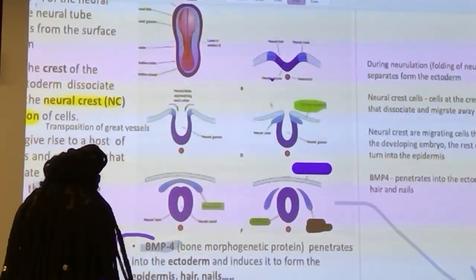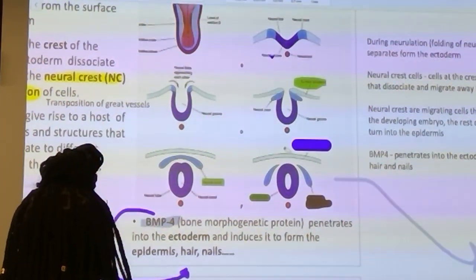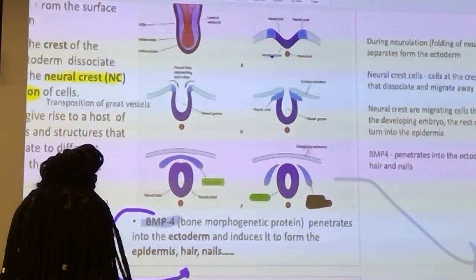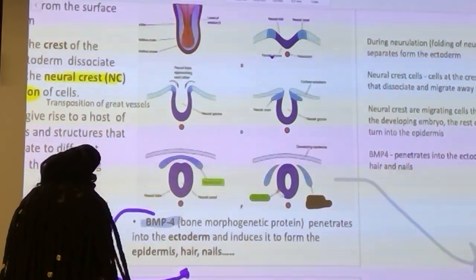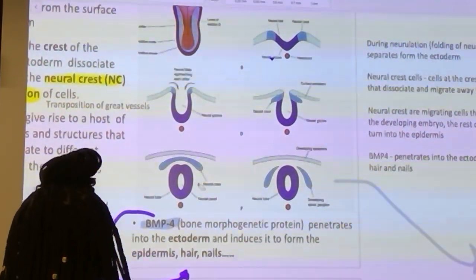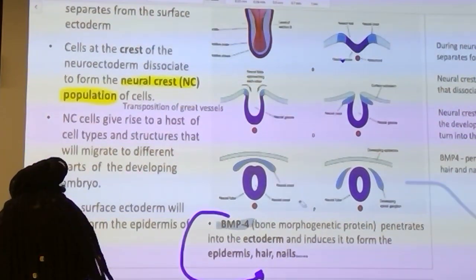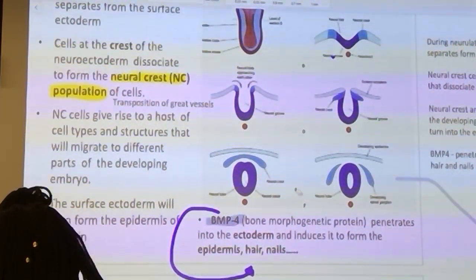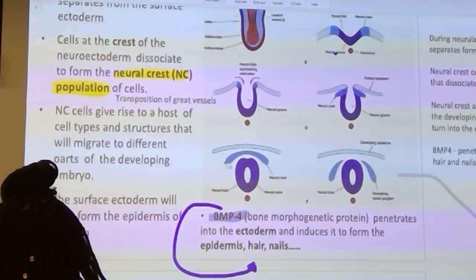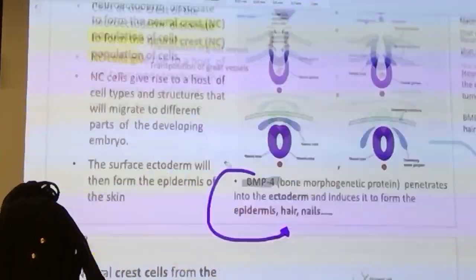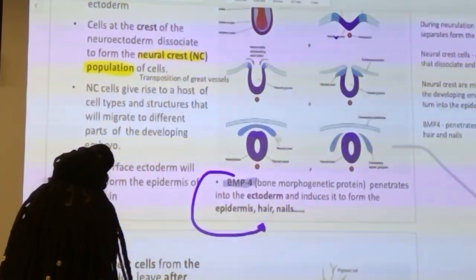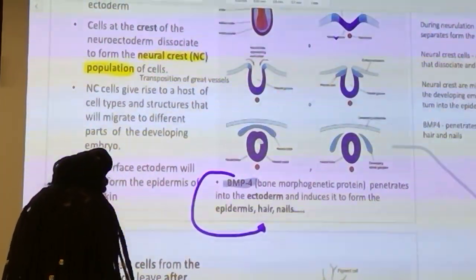Make sure you're able to label these two pictures on the bottom, and then know what they all turn into. Any questions about this? So just be able to label it and then know what they turn into.